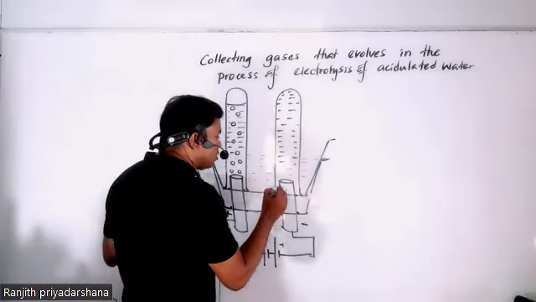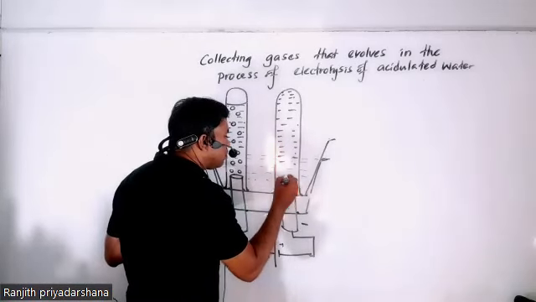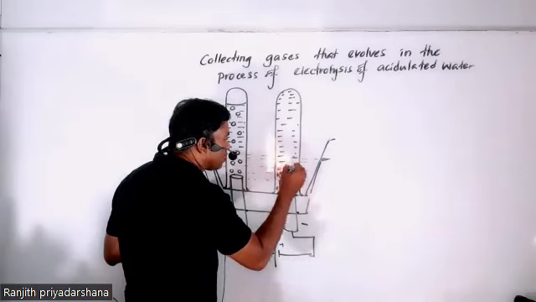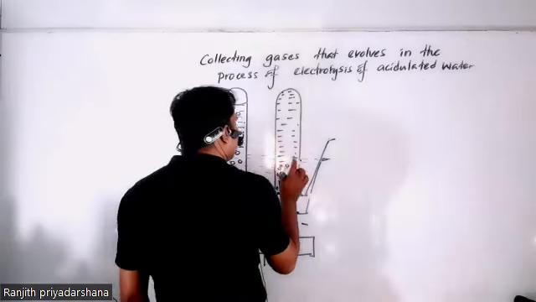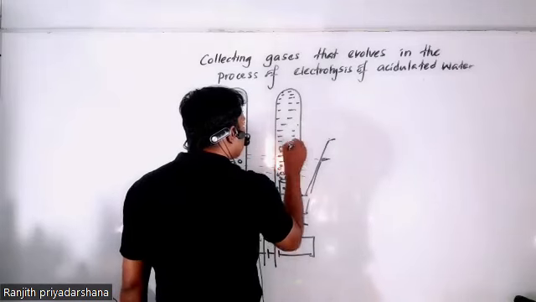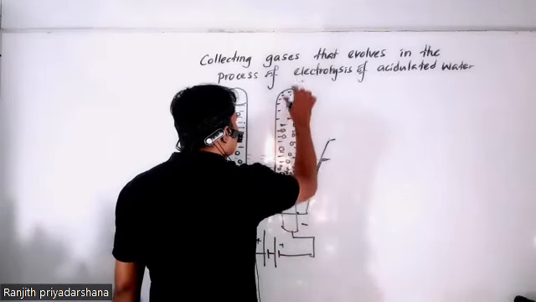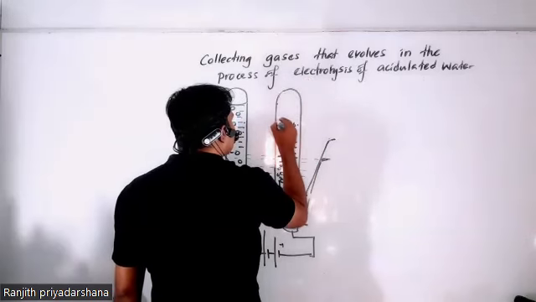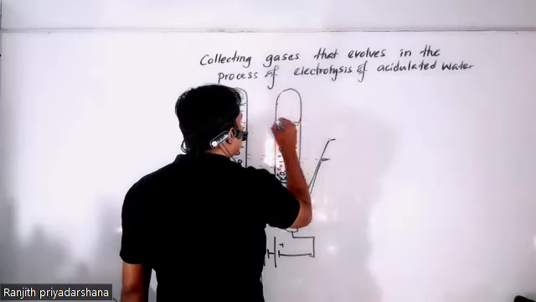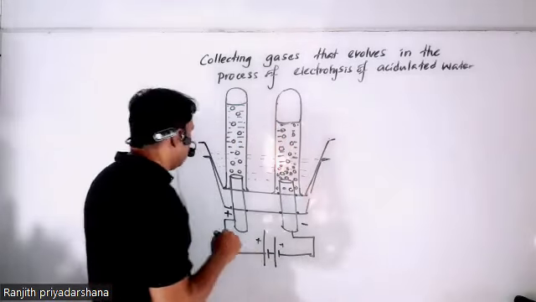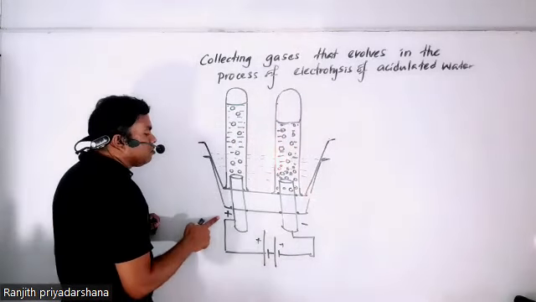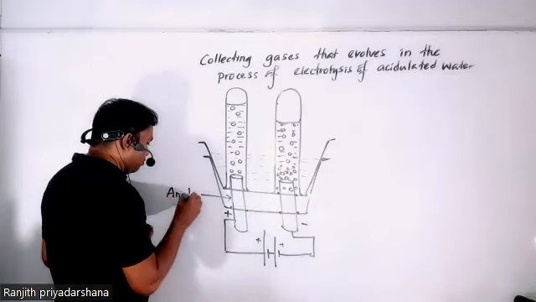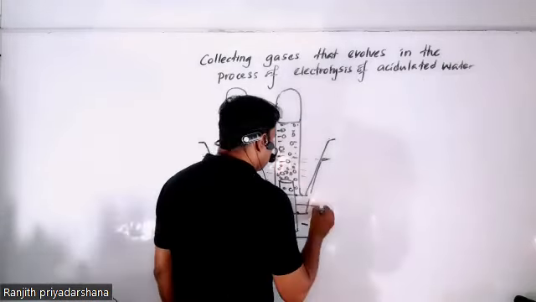And the rate of the emission of air bubbles in this negative electrode, that means cathode, is very high. You can see 2 times the air is collected here as collected in the anode, right? This is the anode, and this is the cathode.